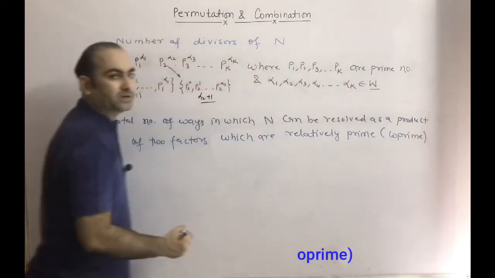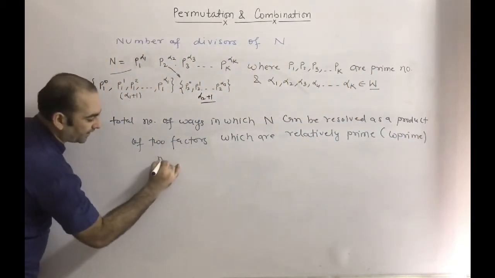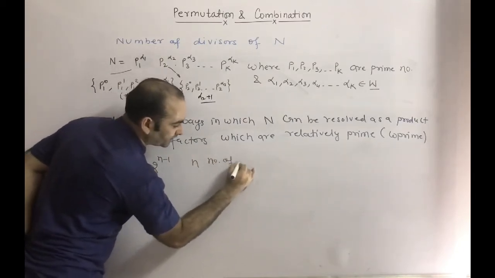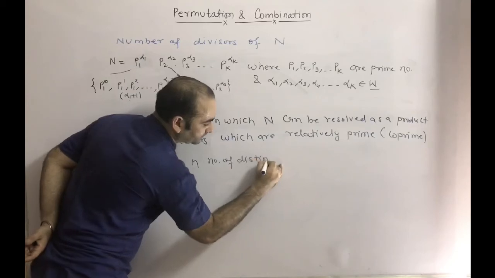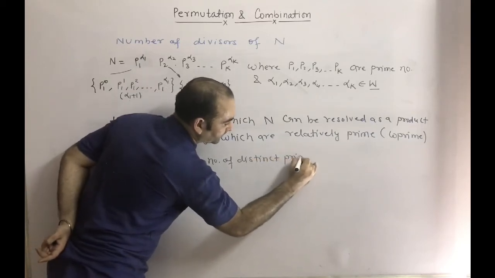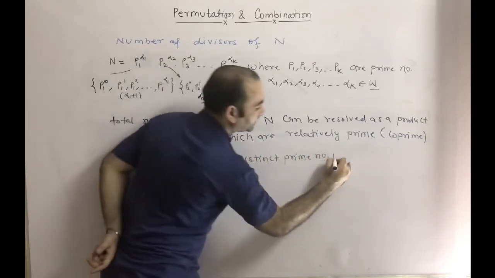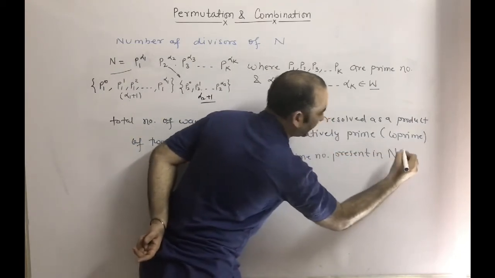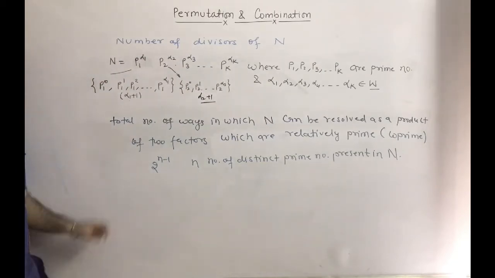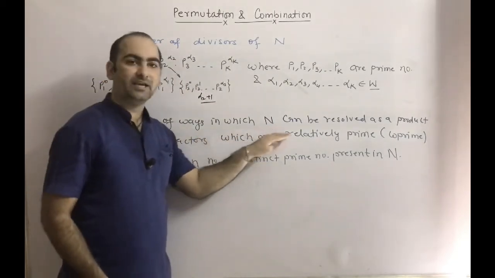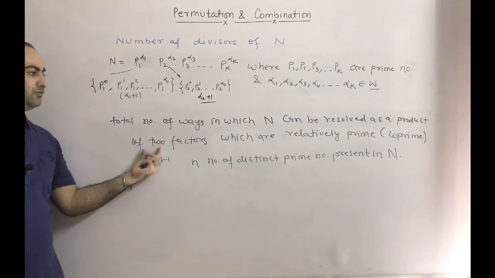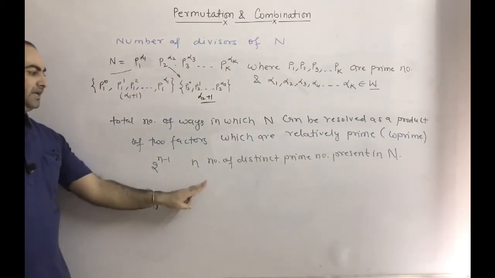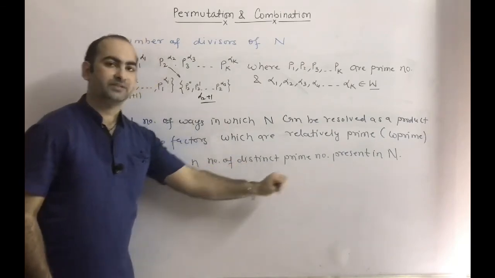So that will be 2 power n minus 1, where n is the number of distinct prime numbers present in the natural number n. So if you want to find the total number of ways in which n can be resolved as a product of two factors which are relatively prime, it will be 2 power n minus 1, where n is the number of distinct prime numbers present in the number n.